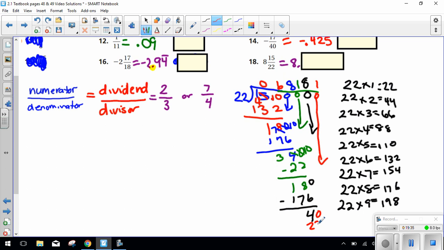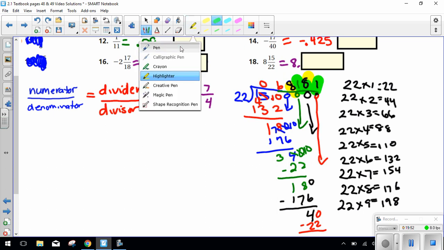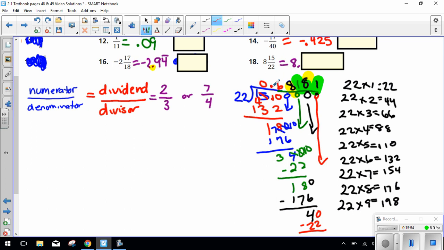Now, hopefully you guys are seeing a pattern, and I'll show you right where it is. So hopefully you are noticing that the 8 and the 1 are repeating. The decimal point will go straight up. And remember, this decimal point here where I'm pointing is the same decimal point here in the 8 points.